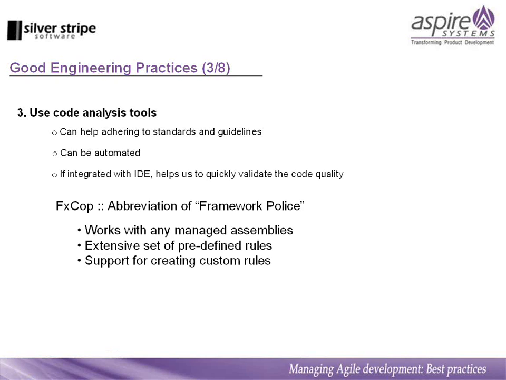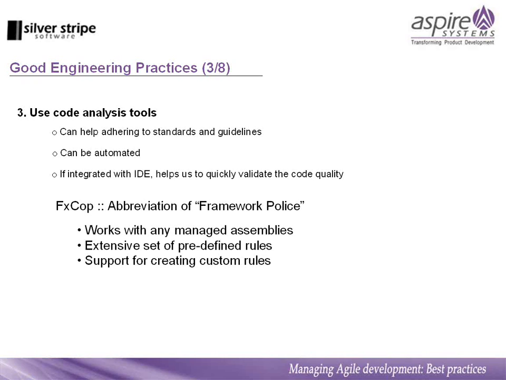So these tools can really help us validate our code against these standards. There is an additional advantage: this can be automated. Once you identify the tool, we can automate it so that whenever there is shippable code, we can run all the practices and guidelines on top of it and see whether it still adheres to the standards.